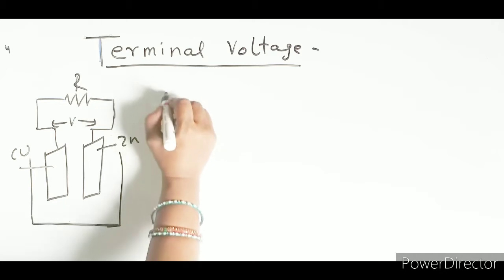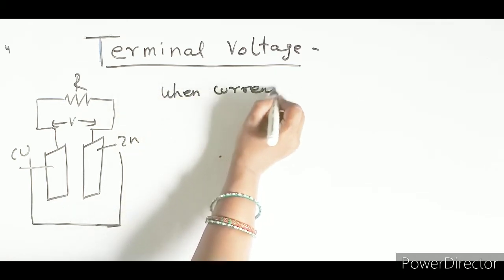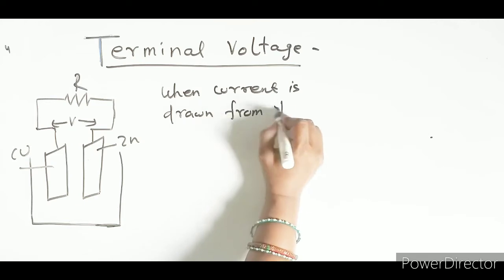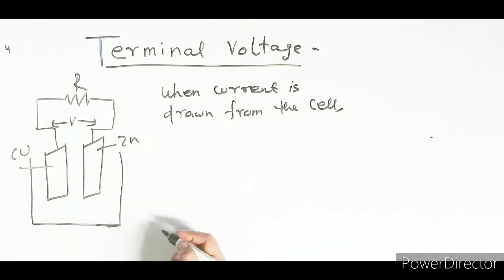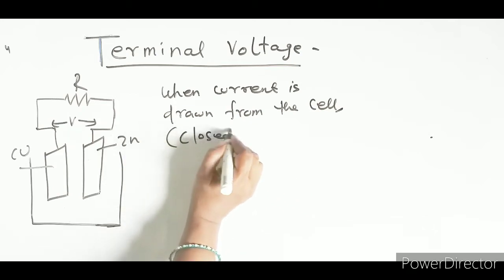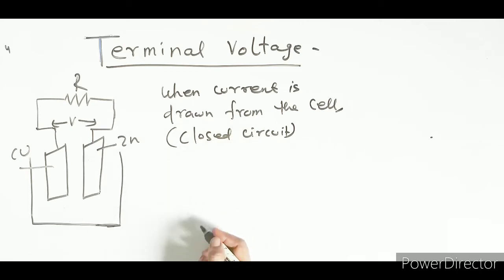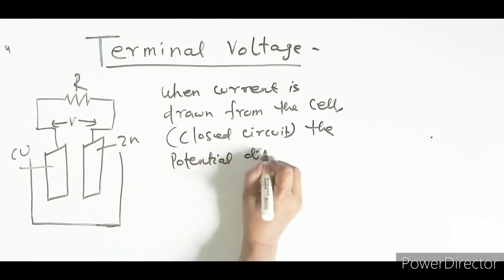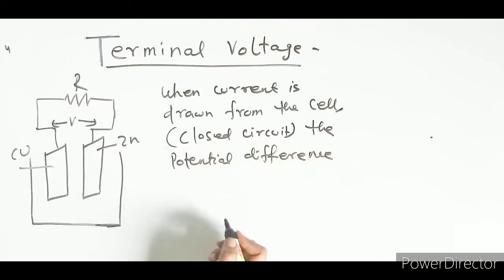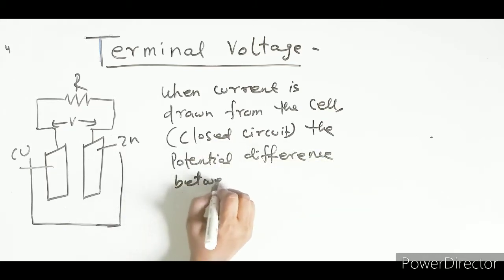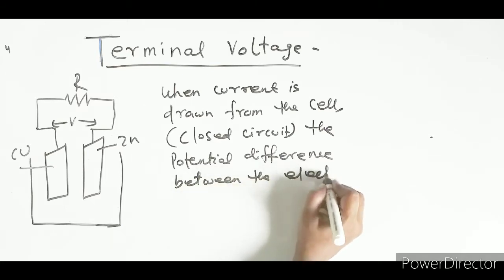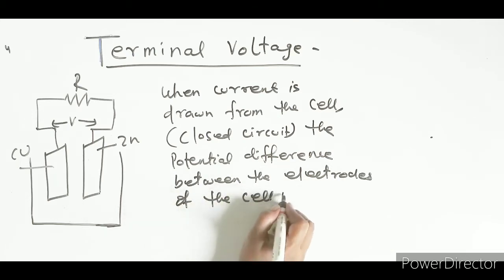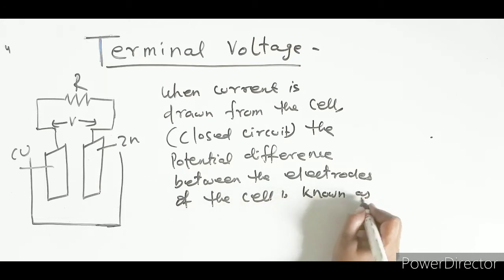When current is drawn from the cell, it is a closed circuit, and the potential difference between the electrodes of the cell is known as terminal voltage.